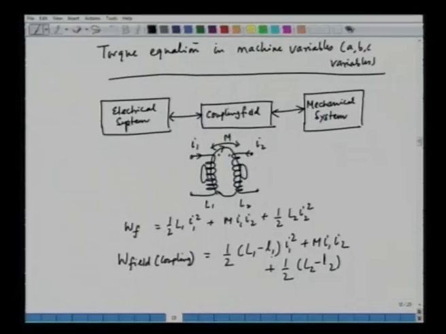The coupling field is thus given by half of capital L1 minus small l1 into I1 square plus M I1 I2 plus half of capital L2 minus small l2 into I2 square. Small l2 is the leakage inductance of the second coil. So the coupling field does not involve any leakage flux, and hence the inductances are suitably modified by subtracting the leakage inductance from the self inductance.